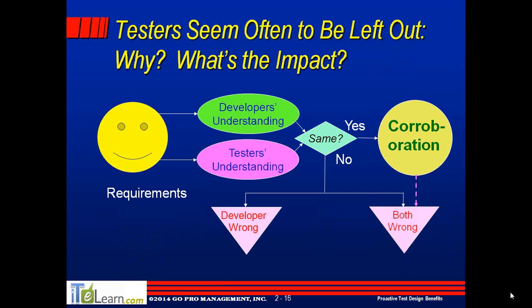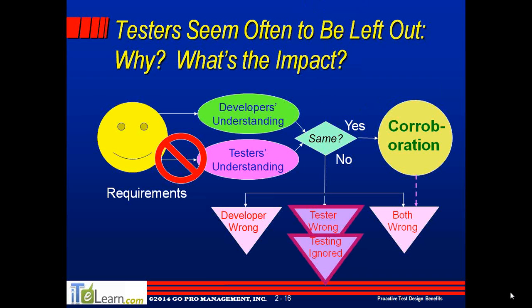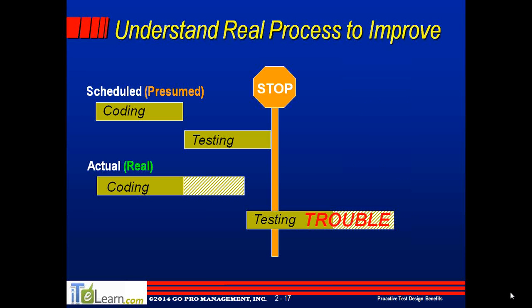And as so often happens in traditional development and traditional reactive testing, the testers don't have good information about the requirements. And when the testers don't have awareness of the requirements, then they're unlikely to test accurately, and they're very subject to being ignored. Proactive testing helps cut down on all of these shortcomings.